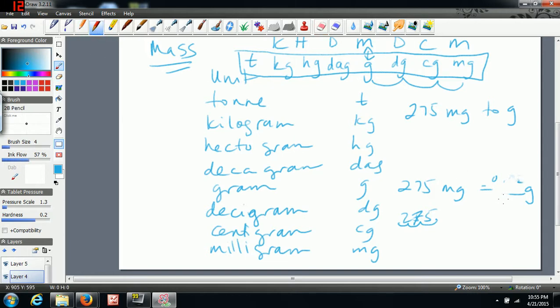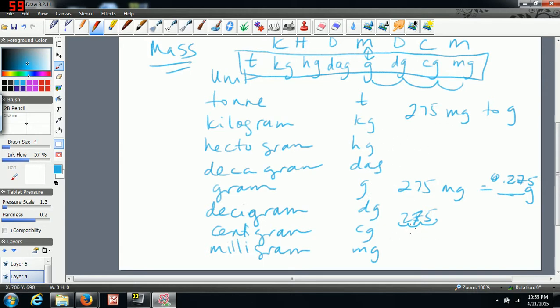Okay, so that would be 0.275 grams. So this would be for mass.